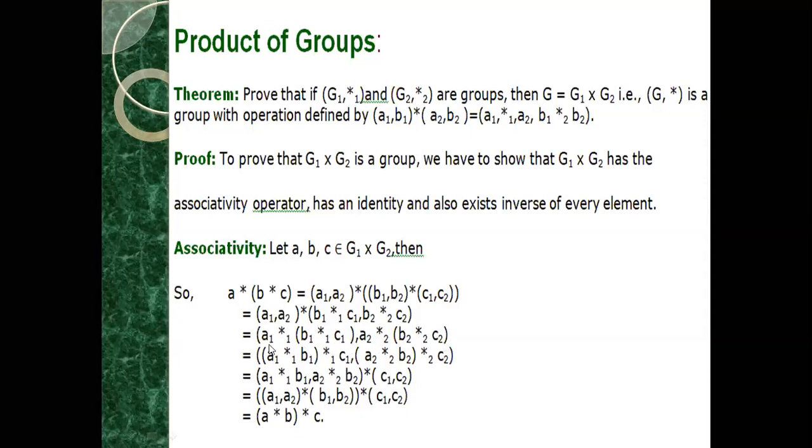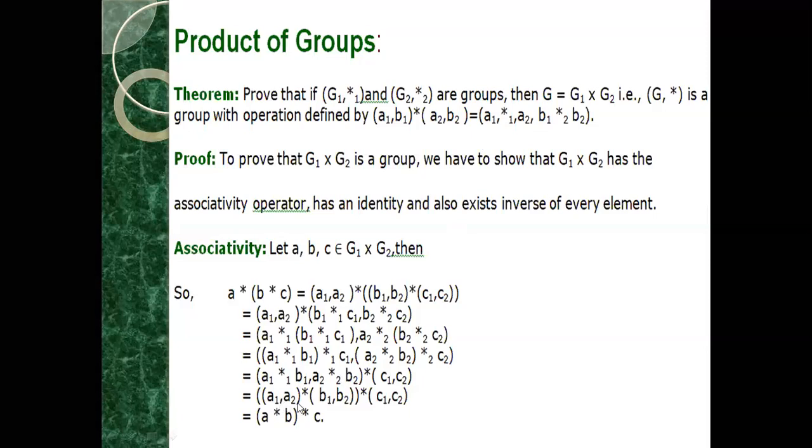So again here we apply the definition: A1 star 1 B1 star 1 C1, A2 star 2 B2 star 2 C2. So here we group C1, C2. So (A1 star 1 B1, A2 star 2 B2) star (C1, C2). Okay, from that this ordered pair is equal to this. So here we are applying RHS to LHS.